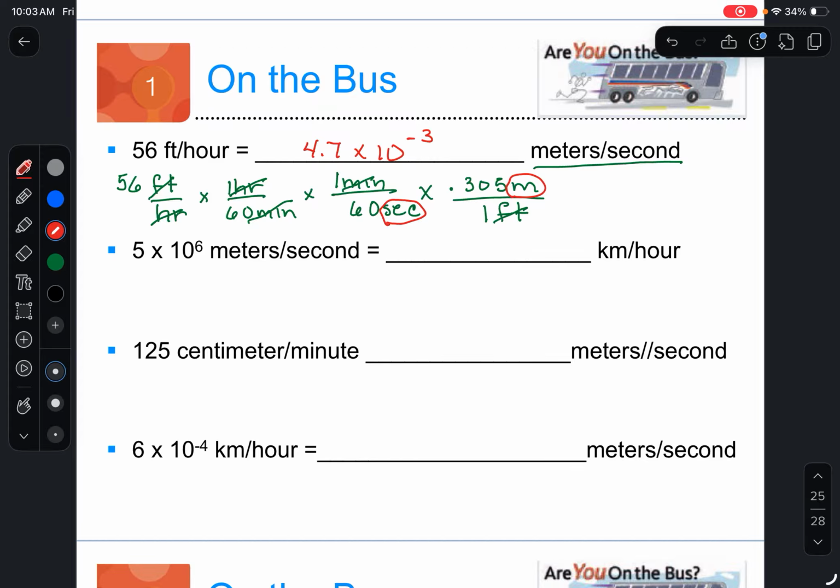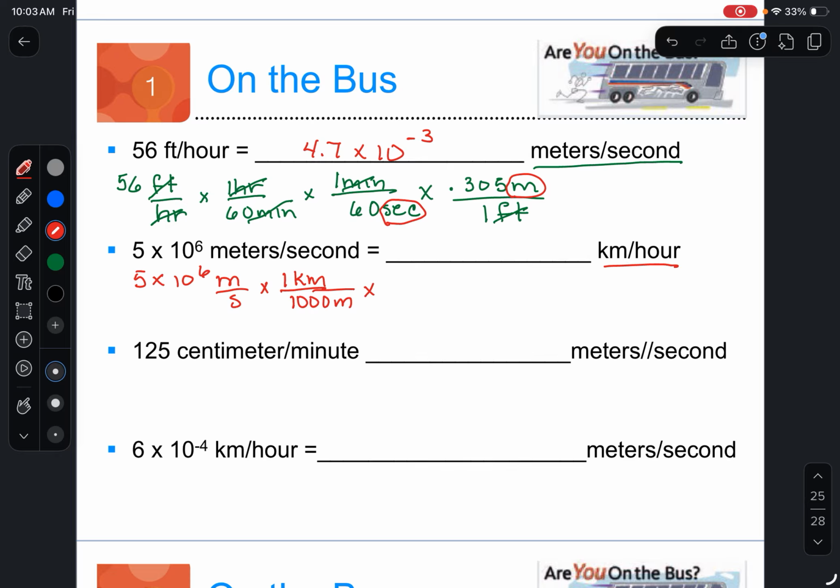Okay, let's try another one. You have 5 times 10 to the 6 meters per second, and you're going to kilometers per hour. Okay, we look at our conversion sheet, and we see in 1 kilometer, we have 1,000 meters. Now that's when that kilo prefix comes in, because this same conversion factor could be used for kilogram. 1 kilogram is 1,000 grams.